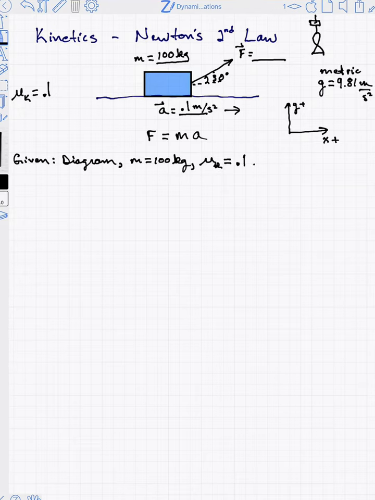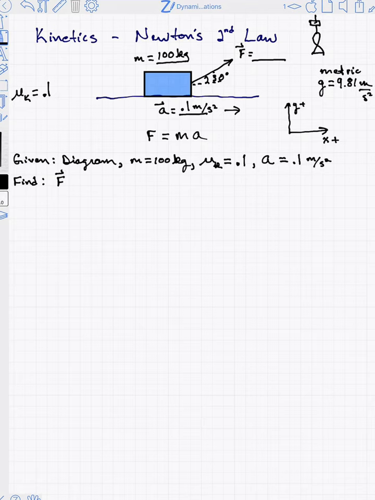The acceleration is 0.1 meters per second squared, and we are being asked to find the force in the rope.